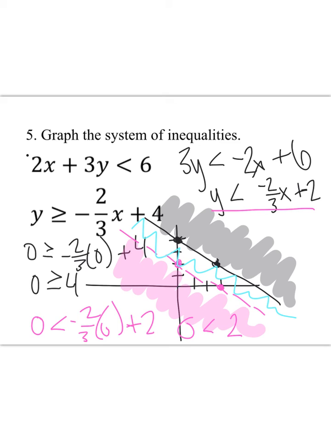But just because we had two parallel lines doesn't mean that you'll always have no solution, because this gray shaded area could have been over here if our inequality sign was flipped that way, and we would have had a common shaded region, which would be this. So that's why shading is important.